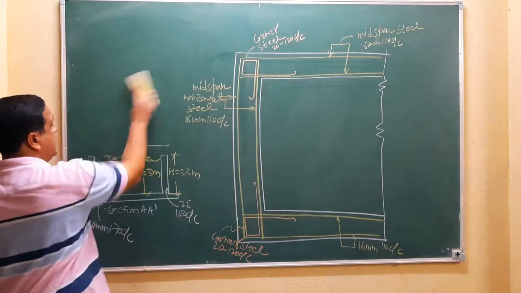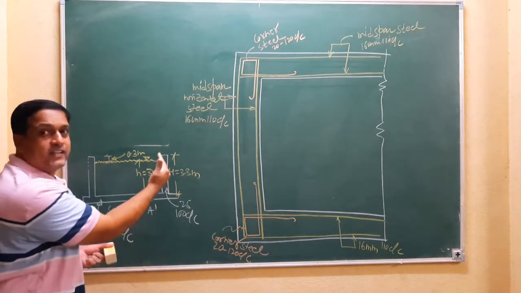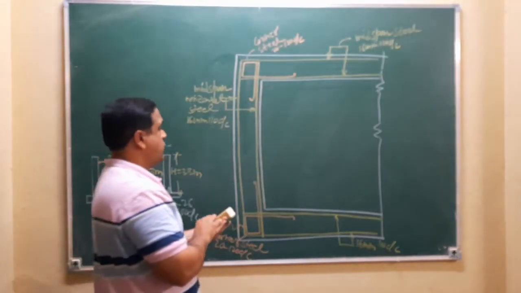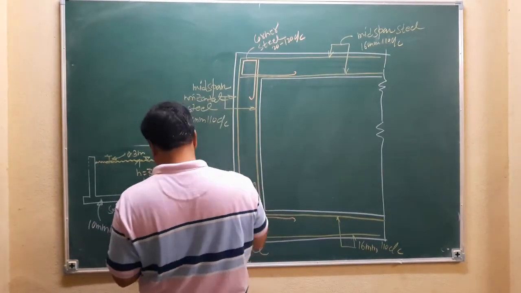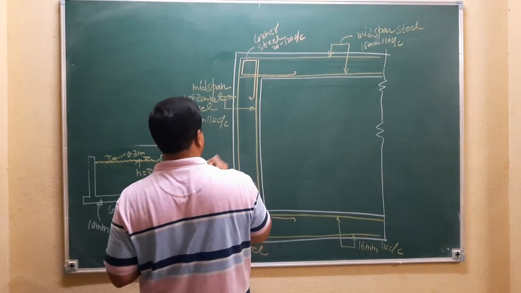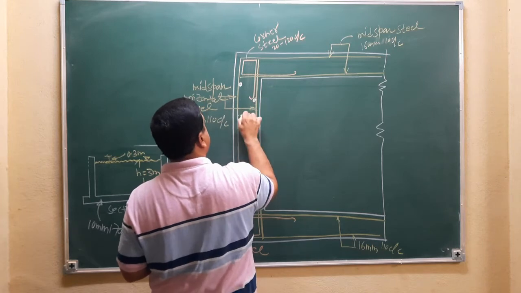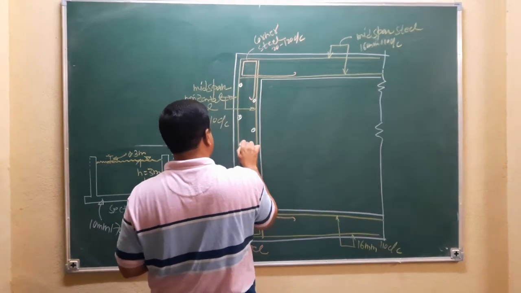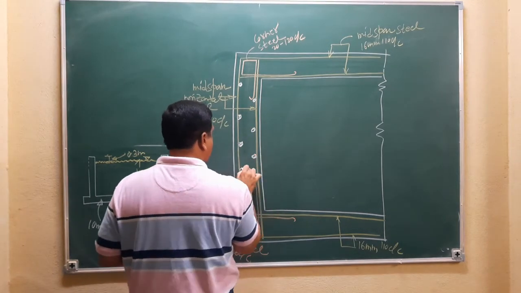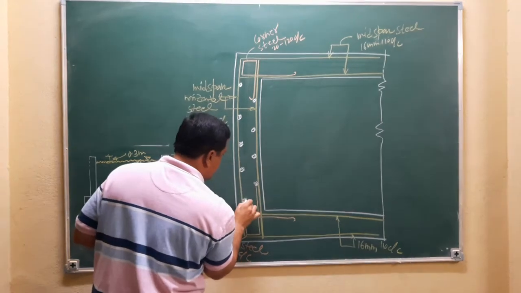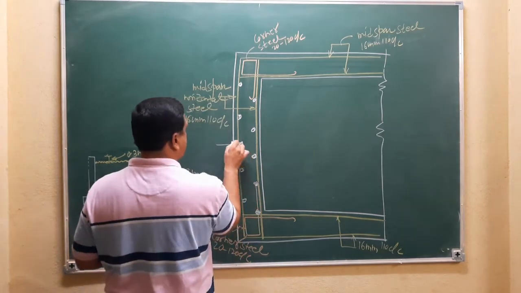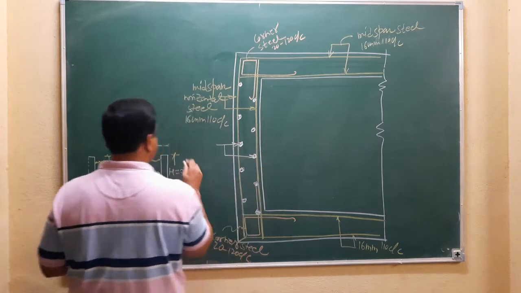Now you have to show the vertical steel. So vertical steel you have to show like this, a zigzag line. So this is your vertical steel, inner side. What is the vertical steel?